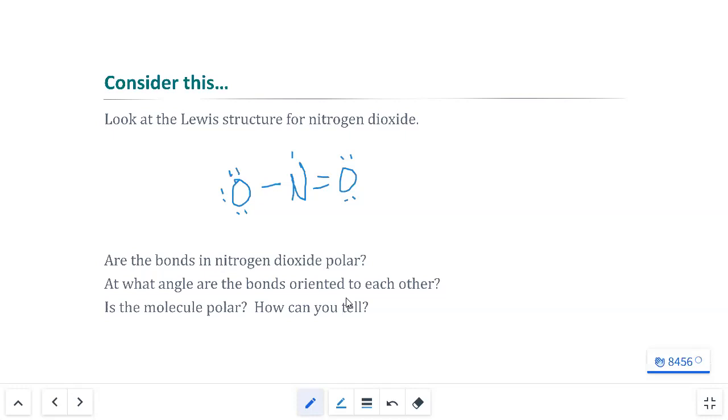So as good and useful as Lewis structures are for helping us to figure out how a molecule is put together, we can recognize that there are some places where it doesn't do a great job of explaining all of the properties and characteristics of the molecule itself.